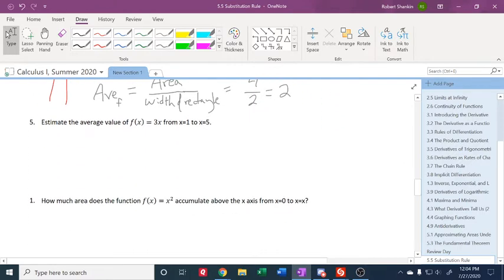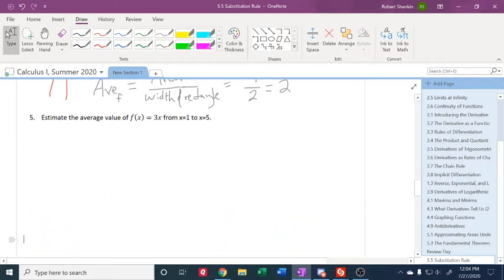Alright, so we're going to draw a picture here. So the x is going to go from 1 to 5, while the y's are going to go from 3, because when you plug in 1 into this, you get 3, all the way up to 15.